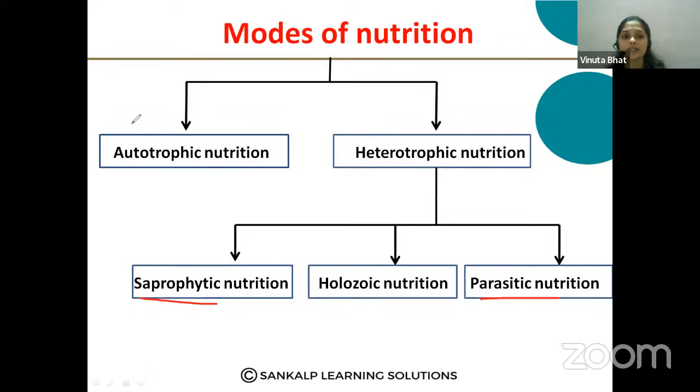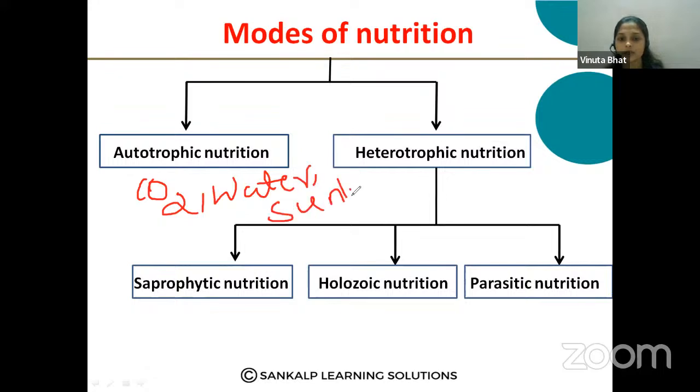Okay. First, we are going to study about the autotrophic nutrition. What is autotrophic nutrition? Where it is found? Anybody? What is the meaning of autotrophs or autotrophic nutrition? Yes. Autotrophic nutrition means the organisms produce their own food by using the simple inorganic products like carbon dioxide, water and sunlight.